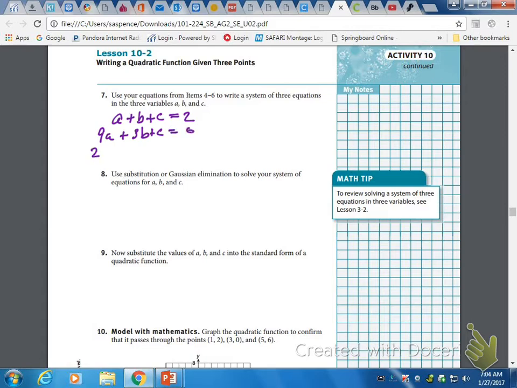And our last one was 25a plus 5b plus the c equal to 6. All right. So now we have 3 rows and 4 columns, so now we have a 3 by 4 matrix.